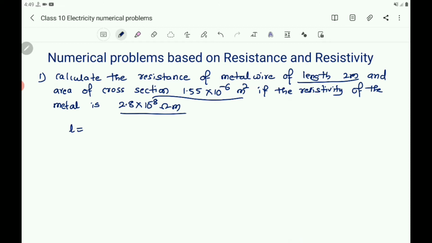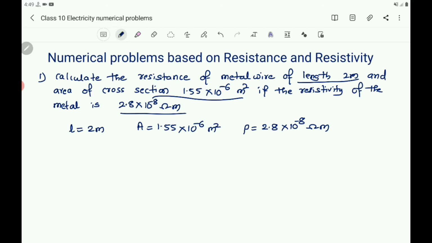L equals 2 m and area of cross section A equals 1.55 into 10 power minus 6 m square. Resistivity equals 2.8 into 10 power minus 8 ohm meter.